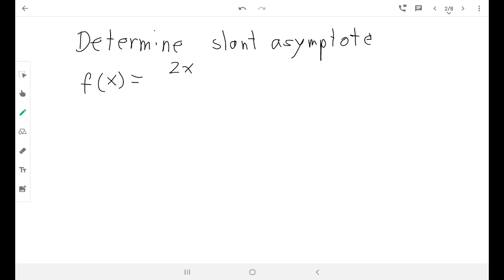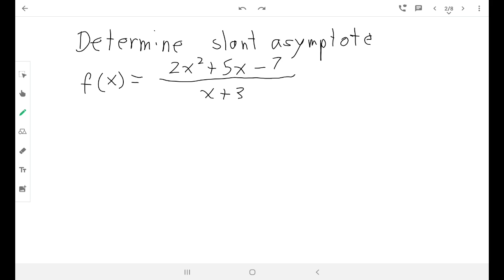Let's say we have 2x squared plus 5x minus, I don't know, 7, over x plus 3. So how do I know that this has a slant asymptote at all? The answer is the degree of the numerator is exactly 1 more than the degree of the denominator. And that's how I know I have a slant asymptote for this.